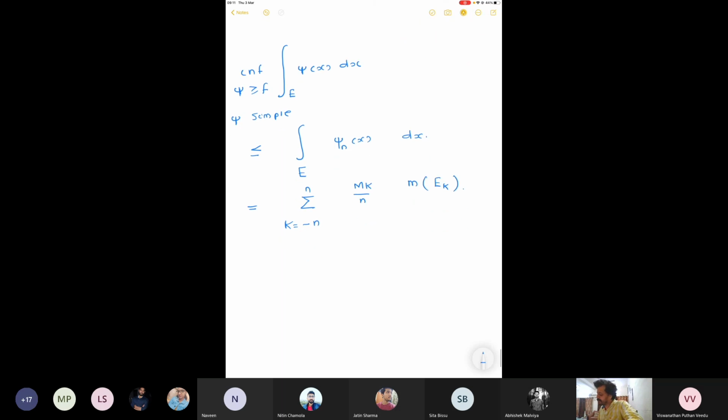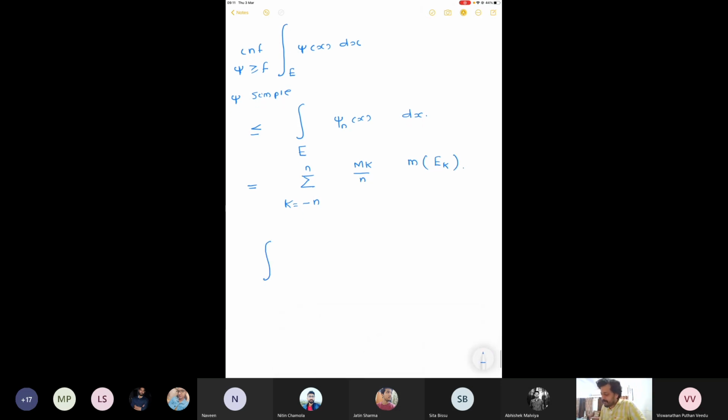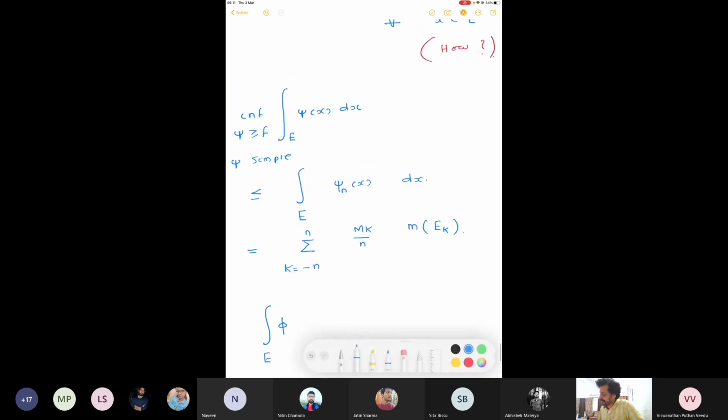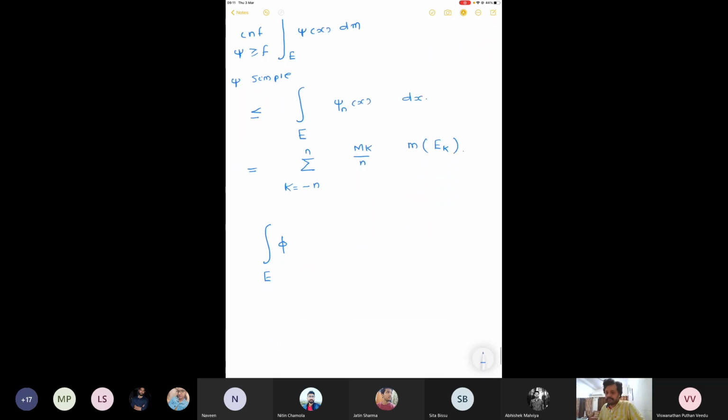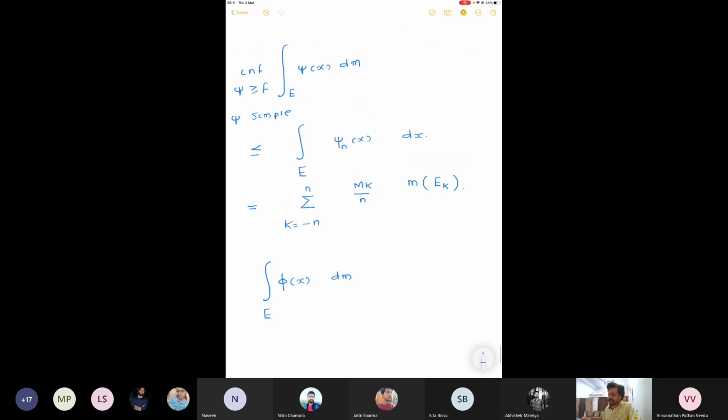Okay. Now let us compute the lower Lebesgue integral; this was the upper Lebesgue integral. The integral over E of φ(x) dx. Instead of dx, I think it is better to use dm: φ(x) dm, or φ dm is also okay.